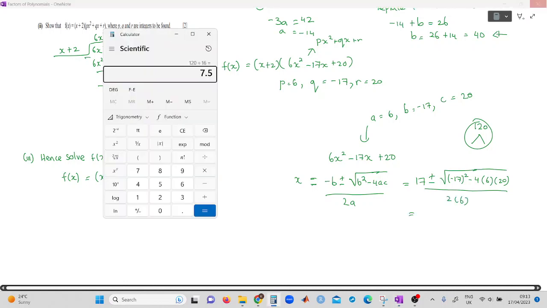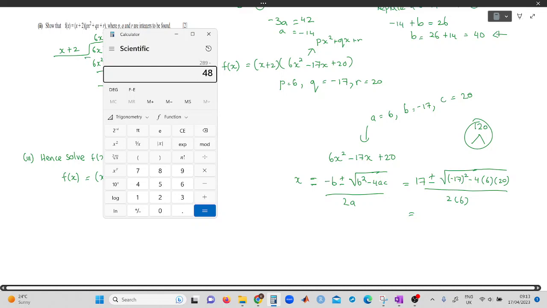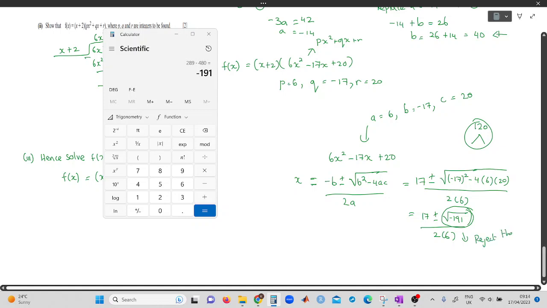So here, 17 squared is 17 times 17, that is 289. 4 times 6 times 20 is 480. So we do 289 minus 480. Here it will be 17 plus or minus the square root of a negative number. So I find a square root of a negative number. In the calculator, this does not exist. Okay? Square root of a negative number does not exist. Because of that, we will have to reject the answer.